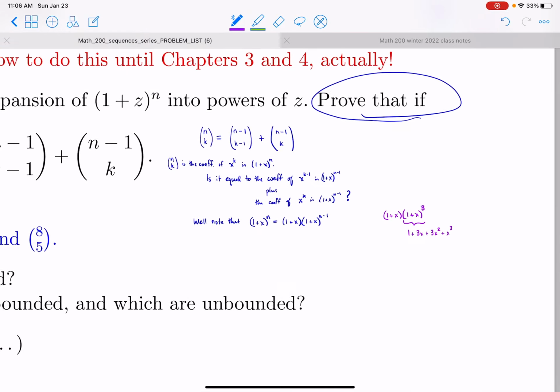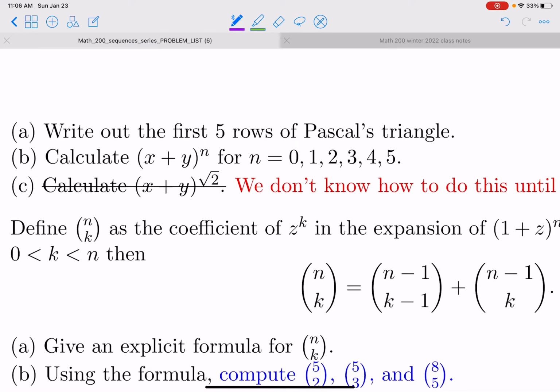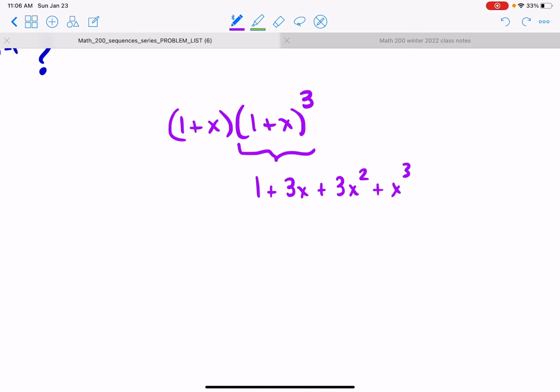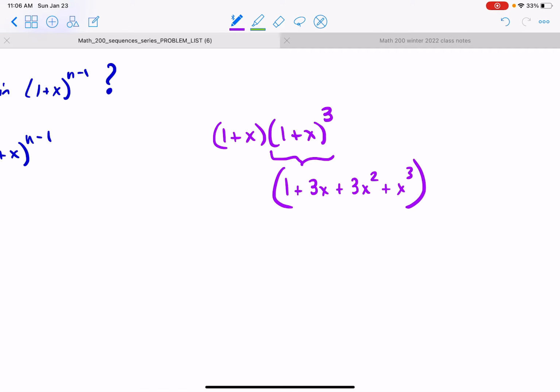Okay, that's me practicing this until I'm really good at it from the previous problem.